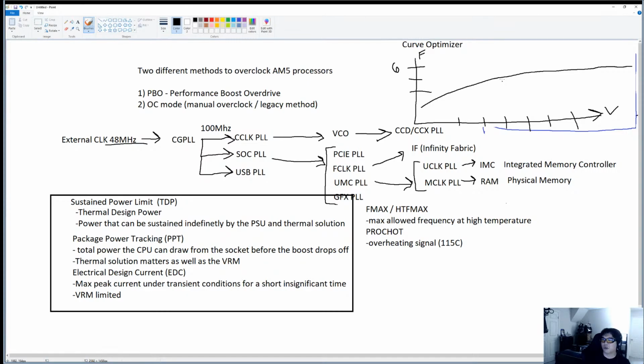The only way to see those limits is to go under LN2. That's where extreme overclocking comes into play, because then you start shutting off certain cores, running fewer cores per CCD, to get the world records. But at that point you're no longer running the CPU as a full 7950X.